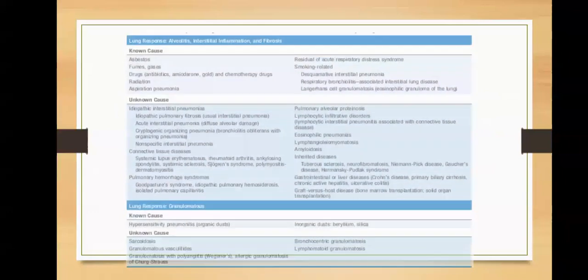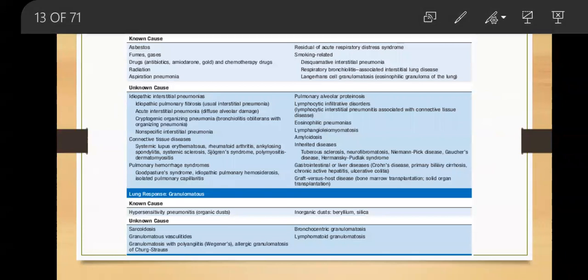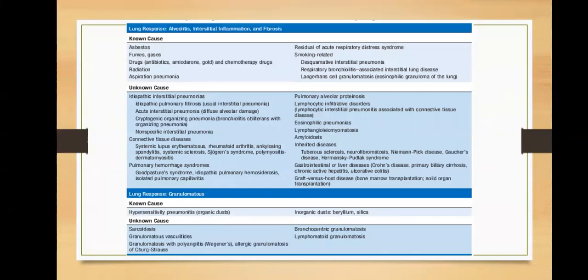So here is a table. I hope it's clear for you. You can see it. It's classifying the interstitial lung disorders according to the lung response, like alveolitis, interstitial inflammation and fibrosis.